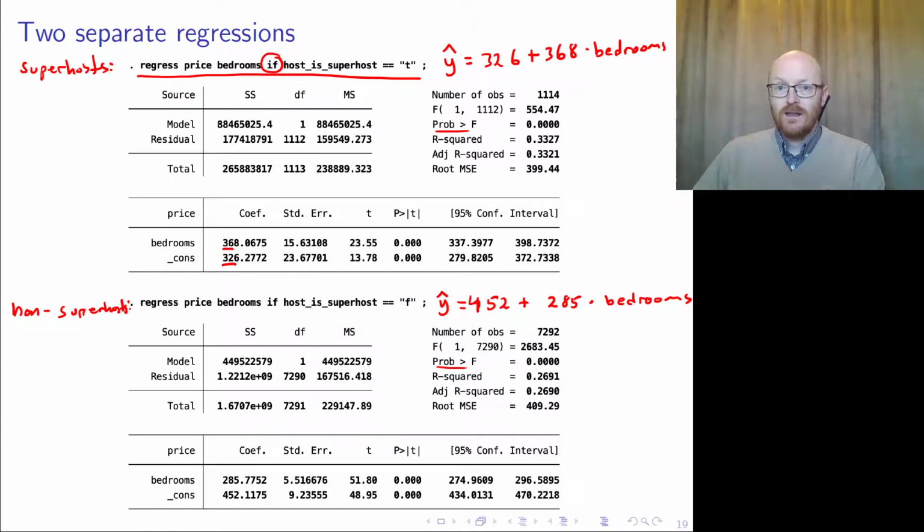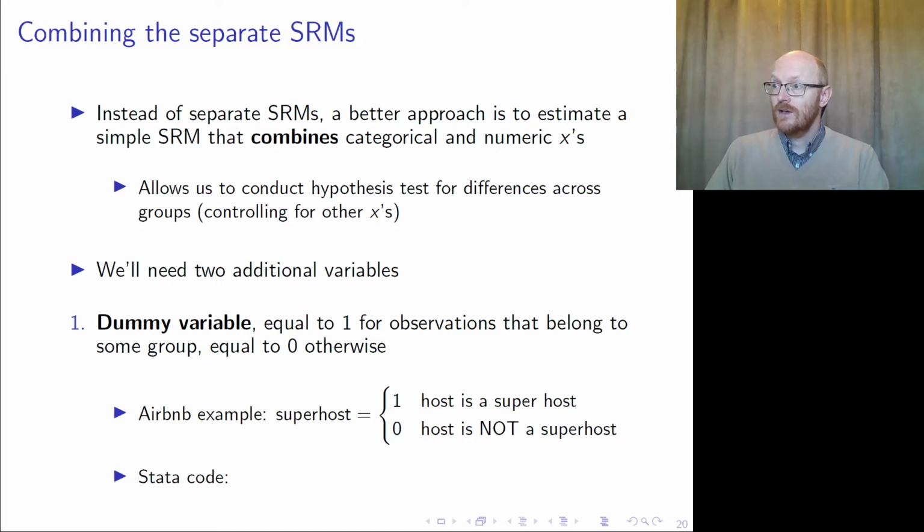You can use these regressions to look at the difference between the price offered on average by the superhosts and the non-superhosts, adjusted for the number of bedrooms. And in the next video, we are going to combine these two separate regressions into one regression.